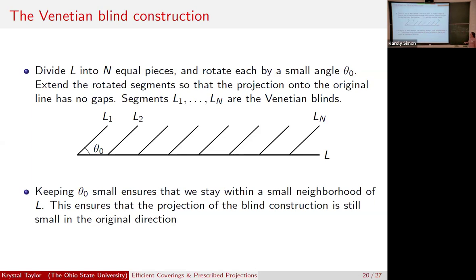Okay. And so then we iterate this. You can picture there's this rectangle, this small rectangle my construction lives in. Then I take each one of these pieces, I can replace them by, or picture, little small neighborhoods around them and iterate this construction: divide this, rotate it a little bit, extend. Why do we extend? We extend so that our projection down is unchanged.